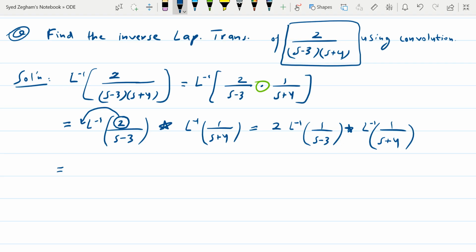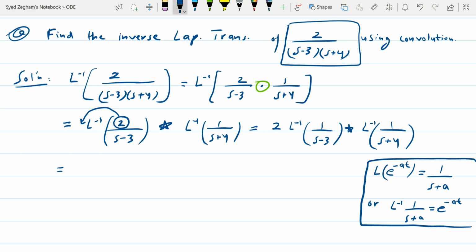No problem. And using the basic formula, Laplace transform of e to the power minus at is equal to 1 over (s plus a). Or you can say L inverse of 1 over (s plus a) will be equal to e to the power minus at, the most basic formula of Laplace transform.